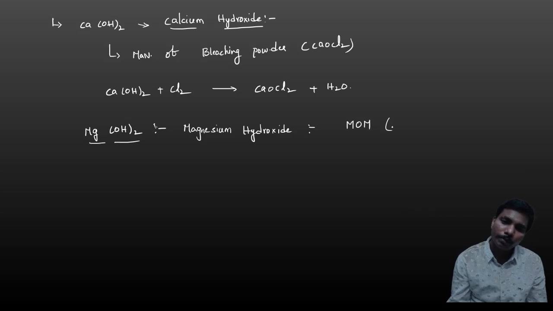What is this MOM? Milk of magnesia. Why is it important? Because this milk of magnesia is one of the medium bases. Medium base means its pH is nearly equal to 10 to 11.